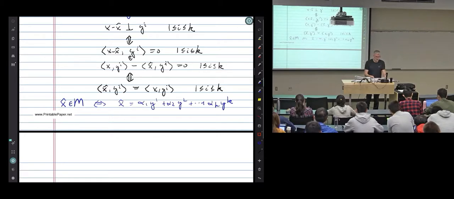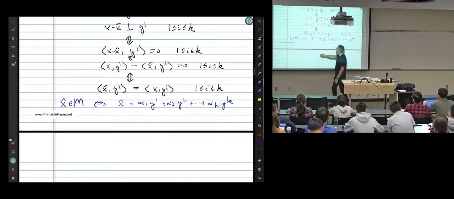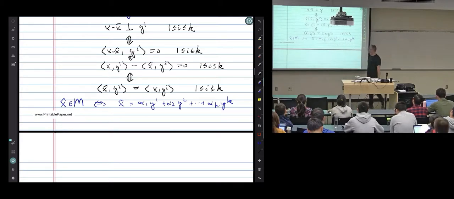Okay, so let me just substitute this in, and I'm going to write down a matrix equation that involves these unknown coefficients, right?